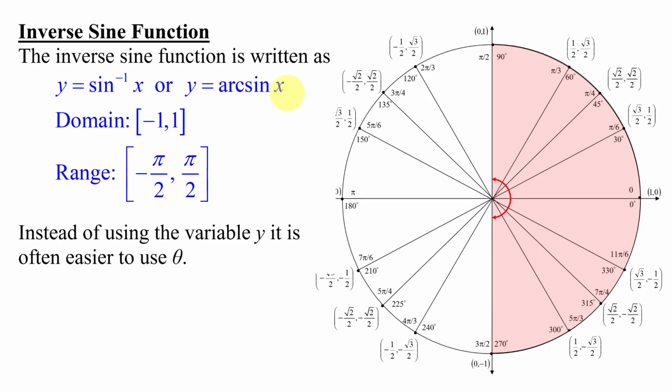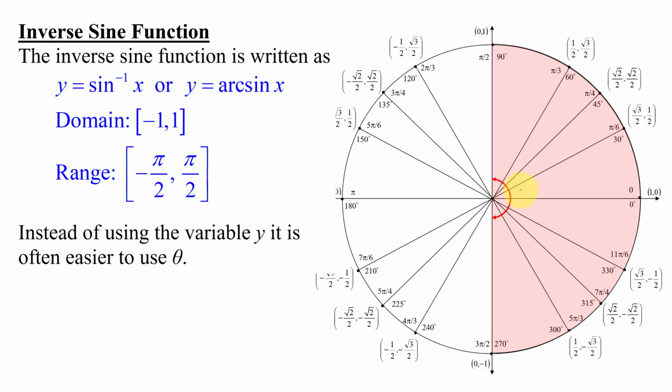Now remember, the domain or the input values are the trig function values that lie between -1 and 1. And the output or the range values are the angles that give this trig function value, and they lie between -pi/2 to pi/2, including both the endpoints of the interval.